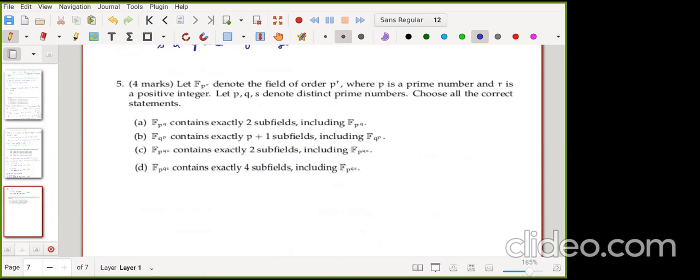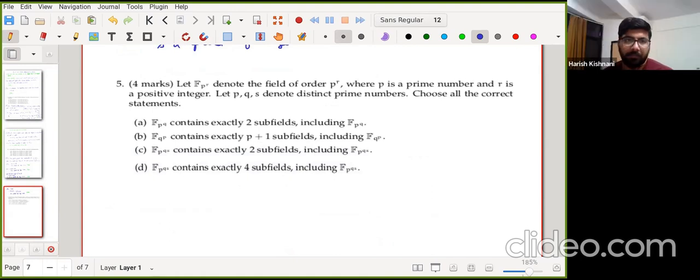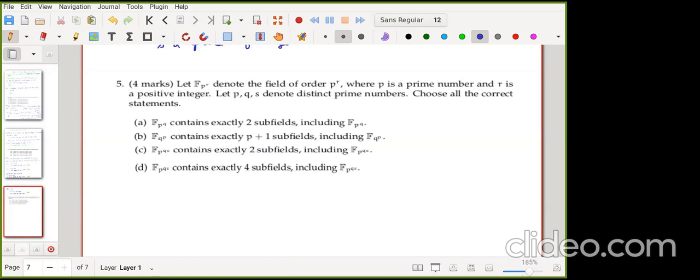So, what's your take on the first one? A field of order p^r contains a field of order p^k if and only if k divides r.